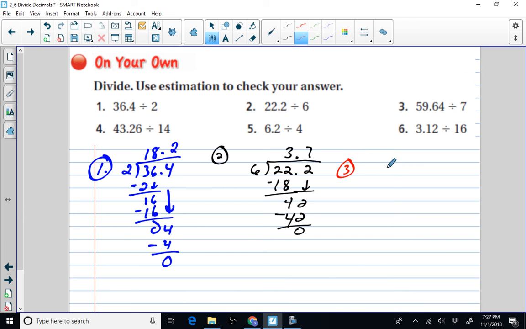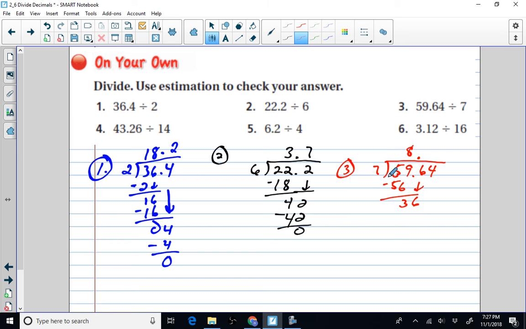Problem 3. We have 7 as our divisor. 59 and 64/100ths is our decimal part. Decimal point goes in the quotient. 7 into 59, that's 8 times. 8 times 7 is 56. Subtract, I get 3.